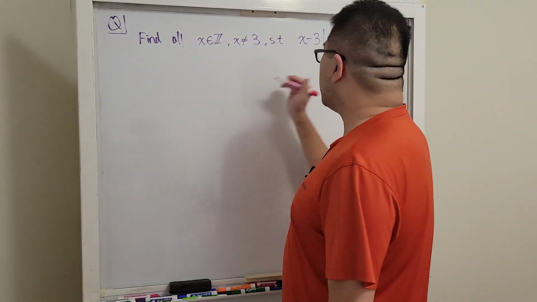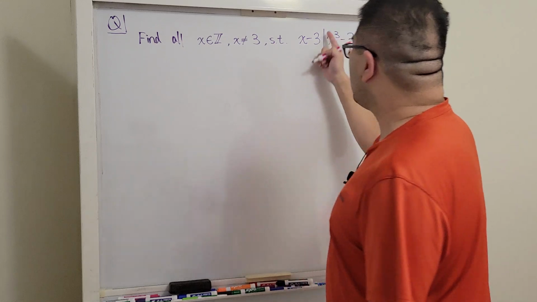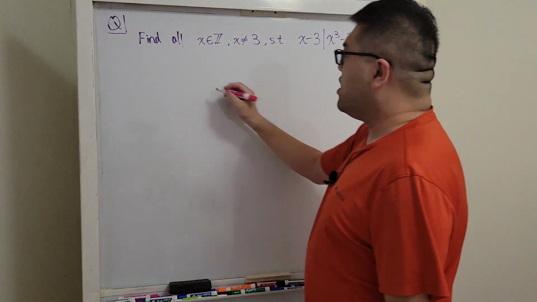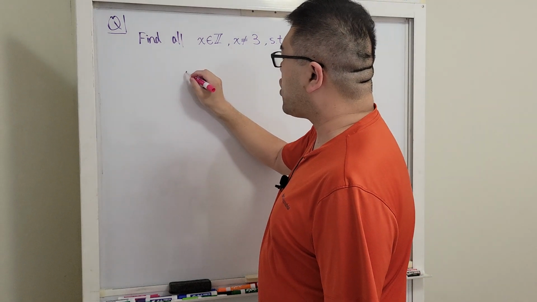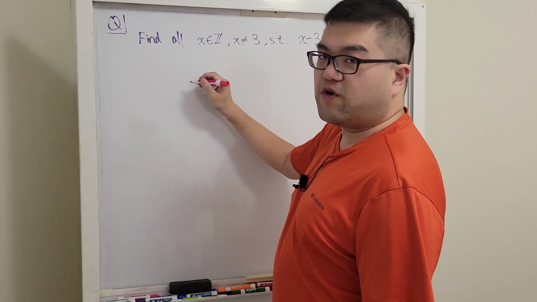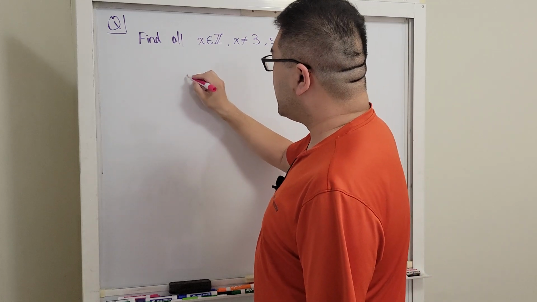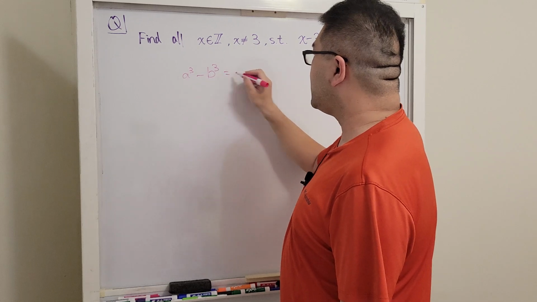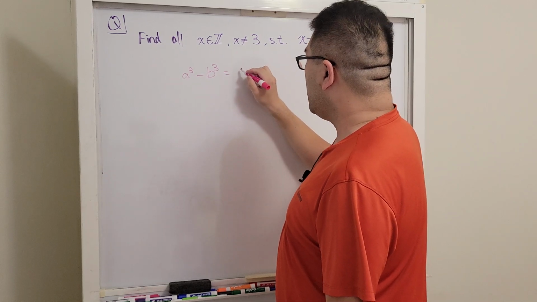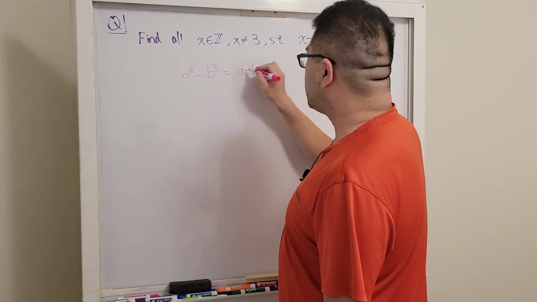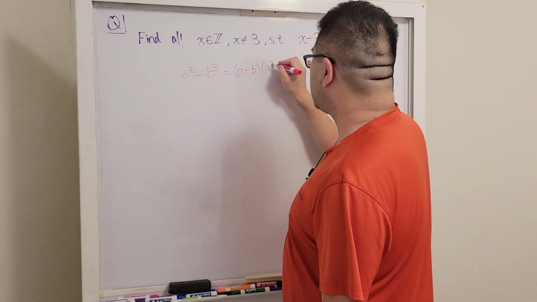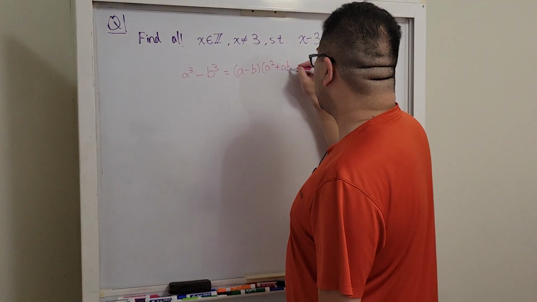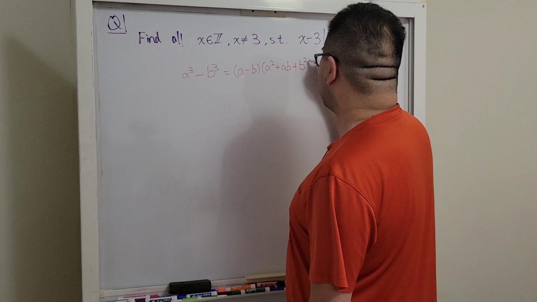Then, since we have x to the third power minus something, we can actually use the difference of cubes, which says a to the third power minus b to the third power is equal to a minus b times a squared plus ab plus b squared.